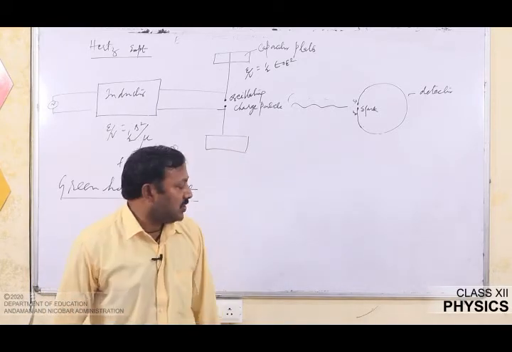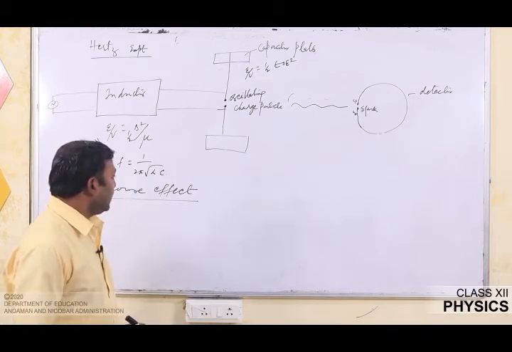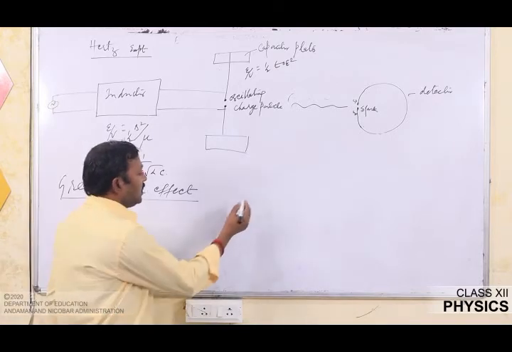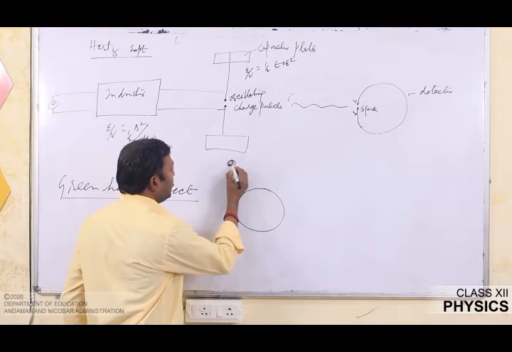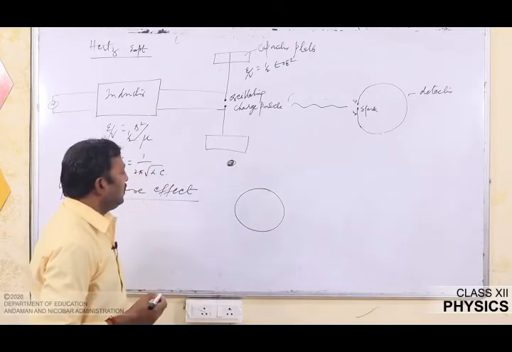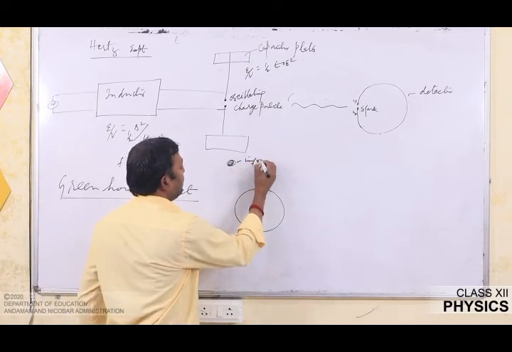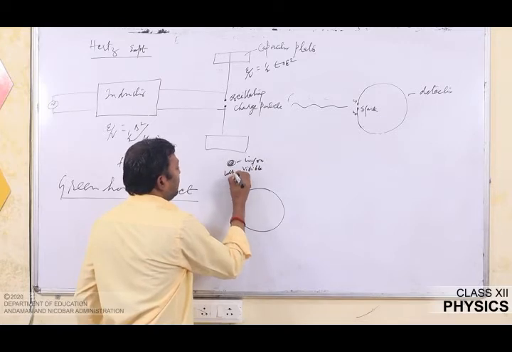Next we will see the greenhouse effect. The greenhouse effect concerns the infrared part of the sunlight which falls on the surface of the earth. Suppose we have the earth here and the sun is there. The sun emits three kinds of rays: infrared, visible, and ultraviolet.